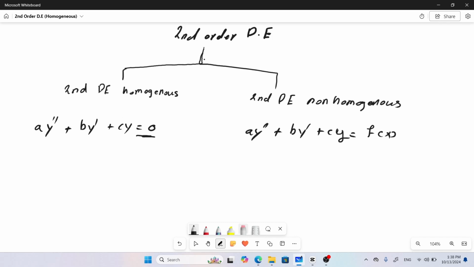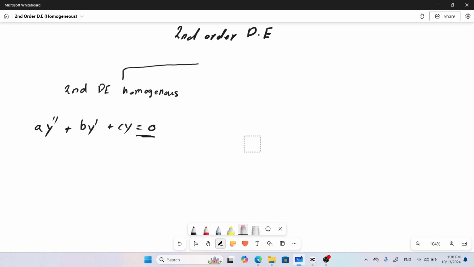Now, in this video, we'll only be taking the second order homogeneous equation and its cases and how to solve it. For this video, we'll be only taking the first case for the homogeneous equations.